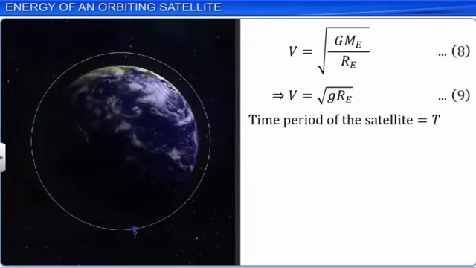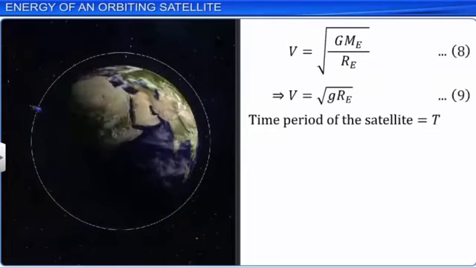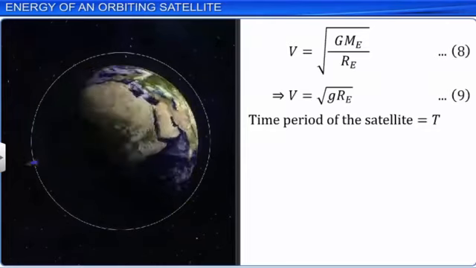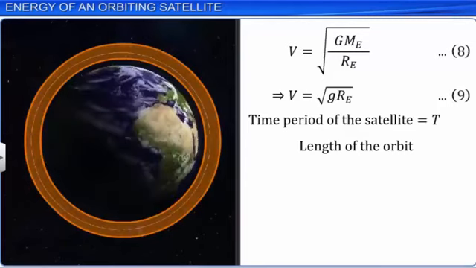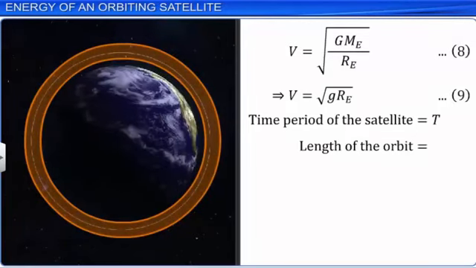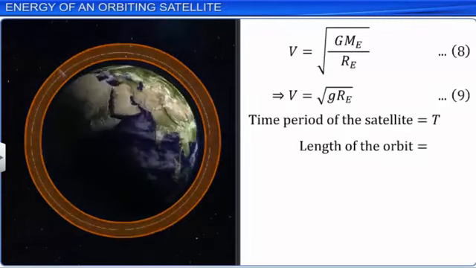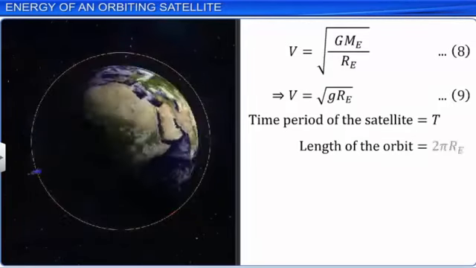Thus, the speed of the satellite in its orbit is given by the expression v is equal to 2 pi RE divided by T. On rearranging the expression, you get the time period as T is equal to 2 pi RE divided by v.